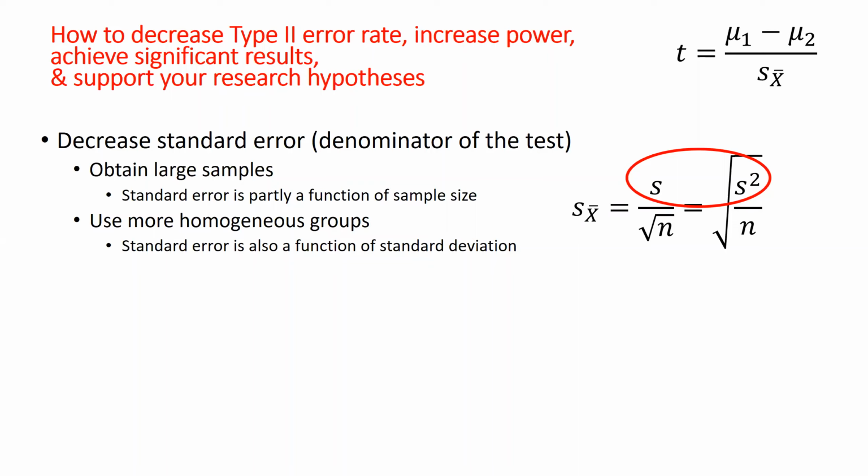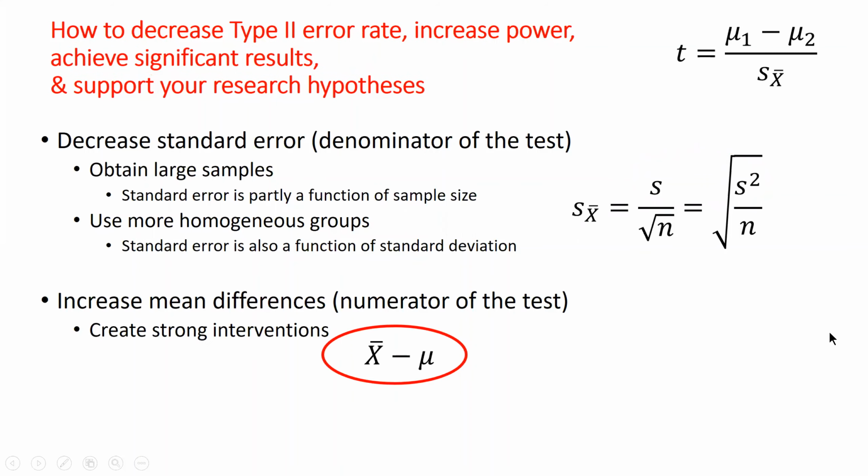And then it's perhaps obvious that a third way of increasing power is to increase the numerator of the t statistic. That, again, really comes into research design, which is having a strong intervention.